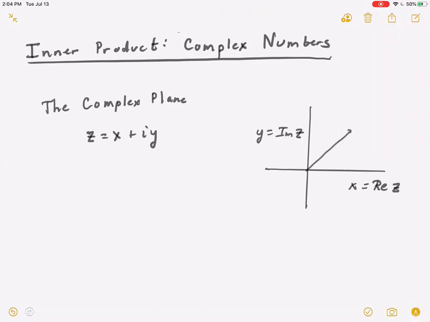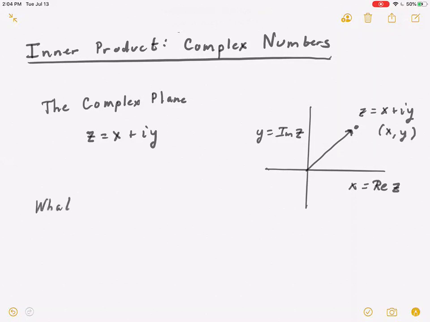So in fact, you can write your complex number as a point or a vector in this two-dimensional complex plane. z is given by x plus i y, or you can write it as an ordered pair, where x and y are real scalars.